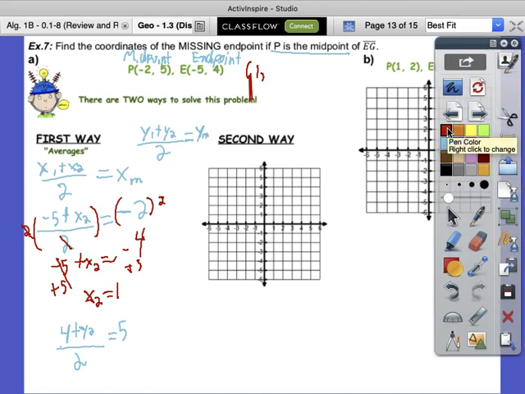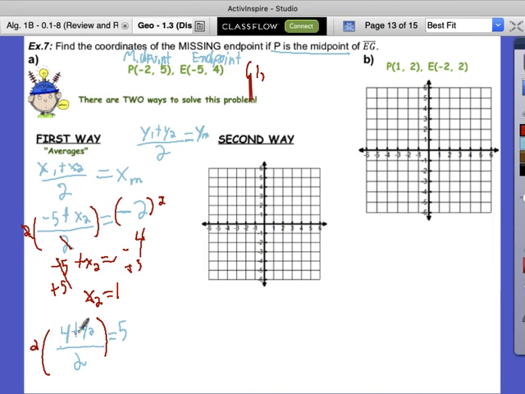I know I'm speeding up a little bit here. Then we'll multiply by 2 to solve this equation. If this is too fast for you right now, keep writing it down, and then go back and watch the video to figure out what I did, or ask me later as well. I'll be free after 3 o'clock today. 2 and 2 divide out, so we're left with 4 plus y2, excuse me, I said y squared, 4 plus y2 is equal to 5 times 2, which is 10.